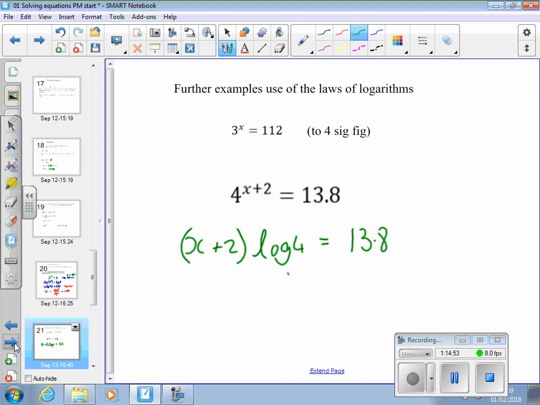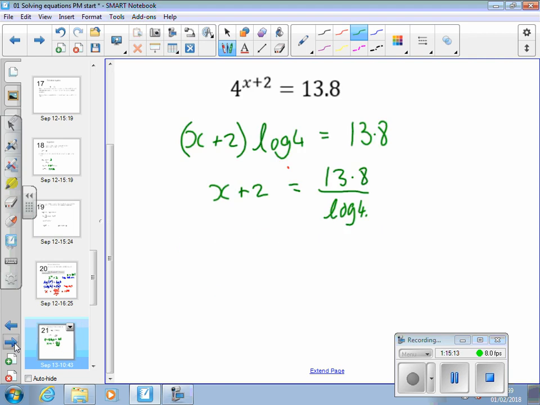Let's just try that. You're saying divide through by log of 4. So we'd have x plus 2 that side, and 13.8 over log 4 there. And then x is equal to 13.8 over log of 4, minus 2.